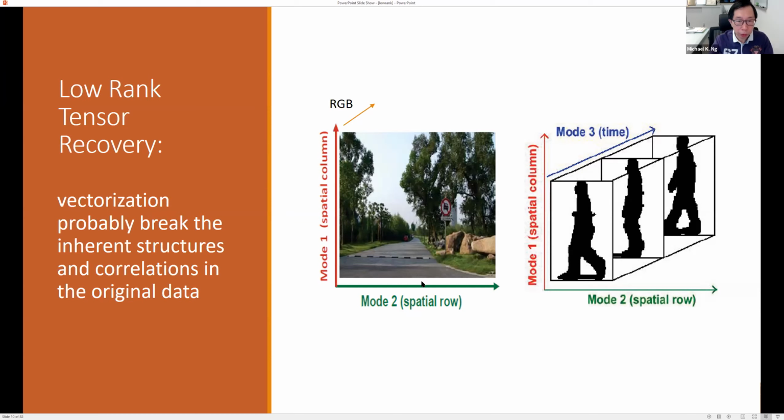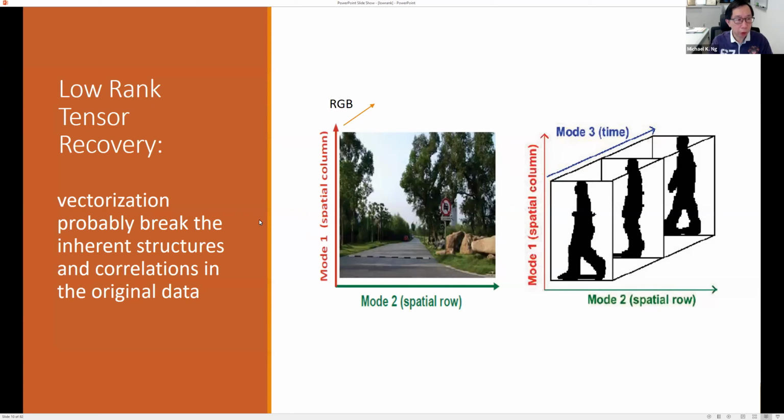That means rearranging the pixels from this third-order tensor into a bigger picture, so in a matrix, and then do low-rank matrix recovery. Of course, we can do this kind of rearrangement. Actually, later in the talk, you will see that this kind of rearrangement of the entries can also be quite useful, but we need to do it in a proper way instead of just simply doing the vectorization.